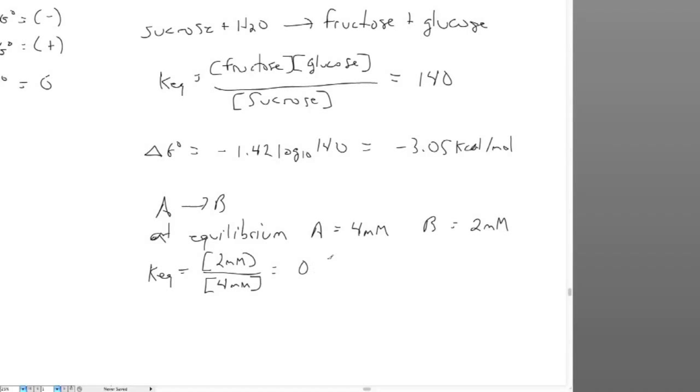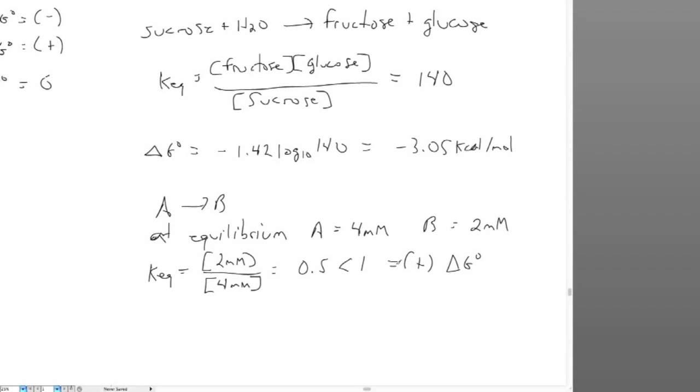And that equals 0.5. We know from our math equations, which obviously you don't have to memorize but should be familiar with, that a KEQ of less than 1 equals a positive delta G naught. So this tells you from this KEQ alone that this reaction is unfavorable to occur in this direction.